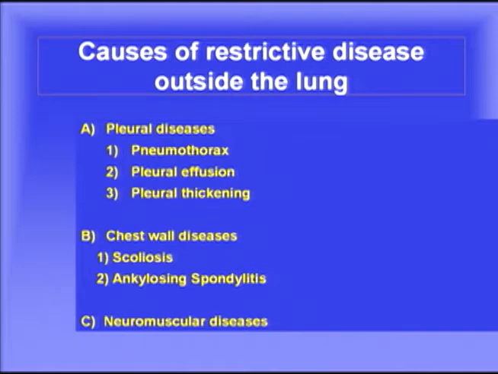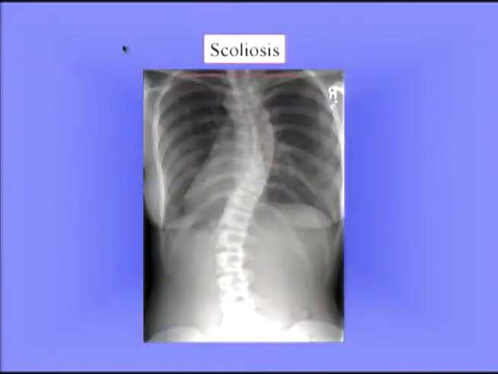Chest wall diseases can cause restrictive disease. Scoliosis is one, and here's an example of scoliosis. You can see this marked distortion of the spine. That's a lateral curvature. If it's a posterior curvature, it's called kyphosis, and this can cause compression of parts of the lung.